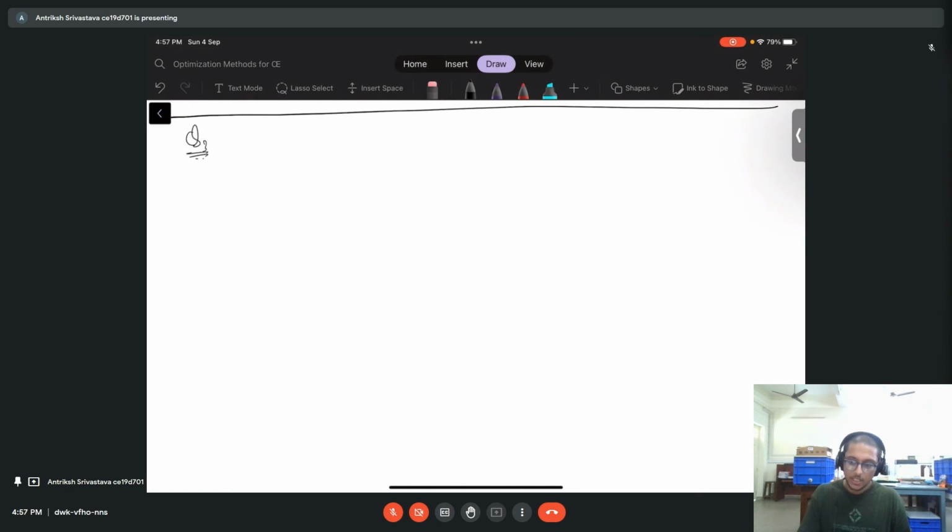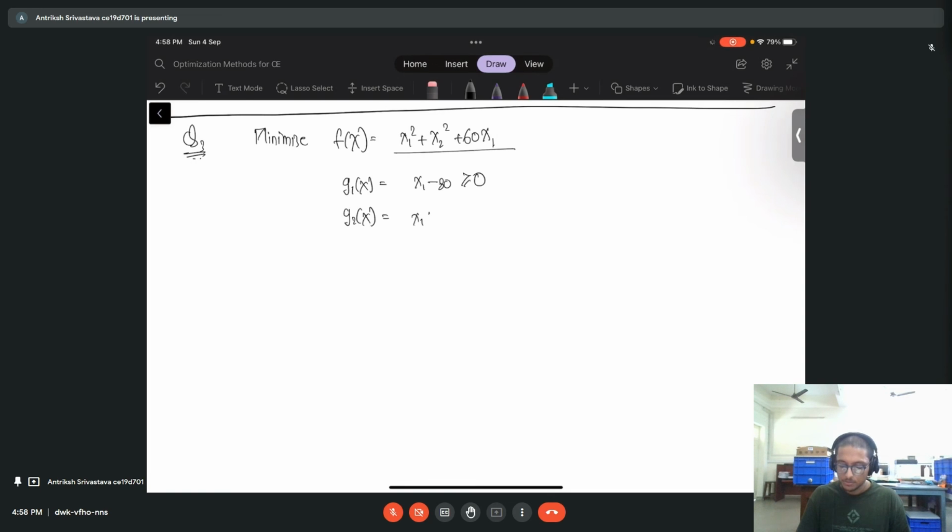Question 3 is: minimize f of x, where f of x is x1 square plus x2 square plus 60x1, subject to constraints g1, x1 minus 80 greater than or equal to 0, and g2, x1 plus x2 minus 120 greater than or equal to 0.